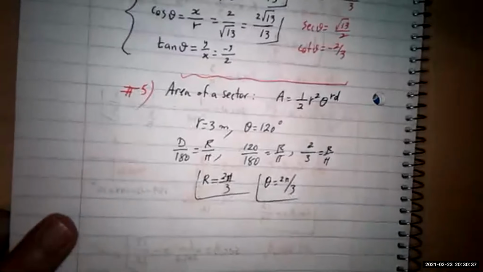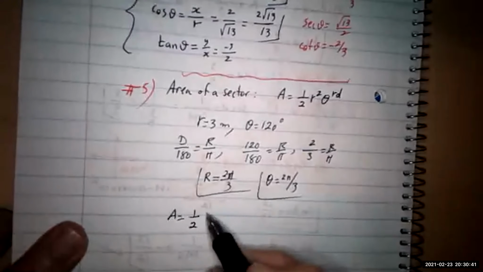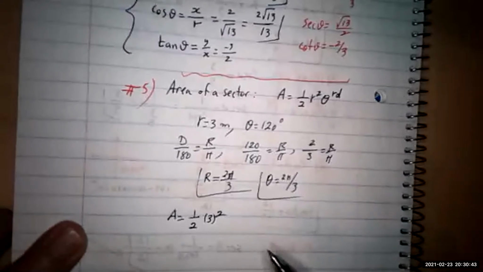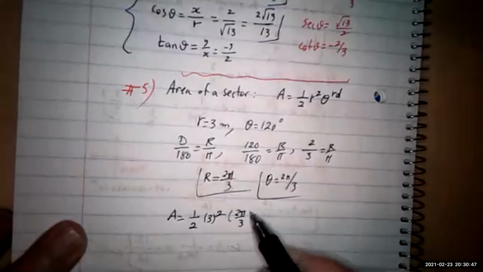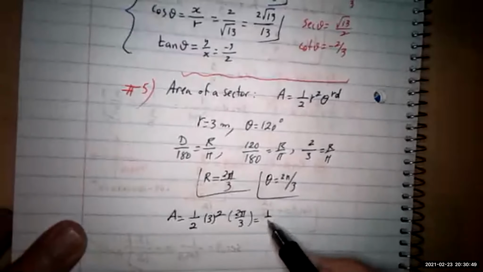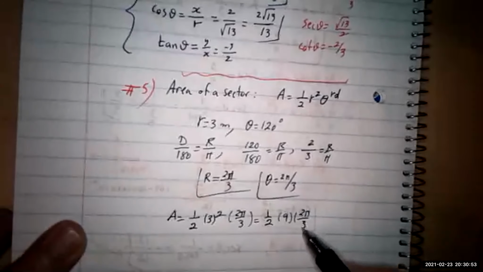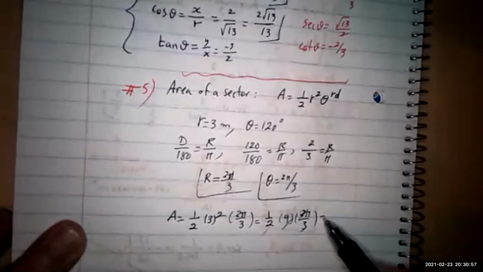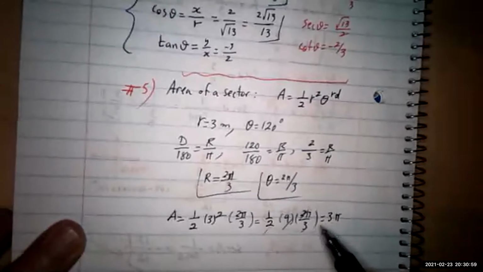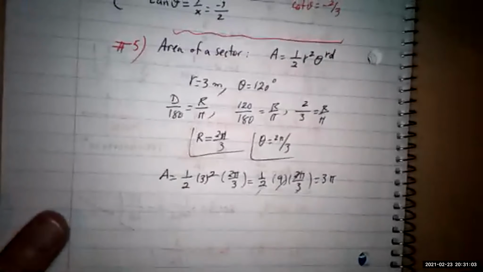Then you just substitute. So A is equal to 1/2 times 3 squared times 2 pi over 3. It's going to be 1/2 times 9 times 2 pi over 3. You simplify it, so that gives 3 pi. But you have to replace pi by 3.14 to give the final answer.